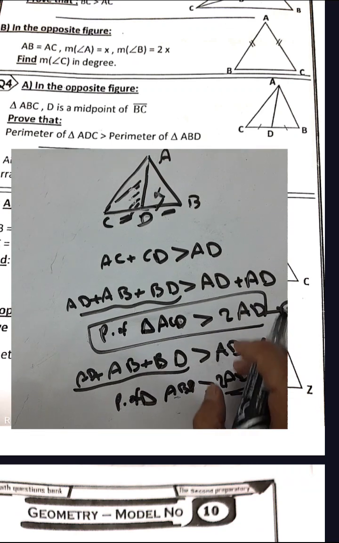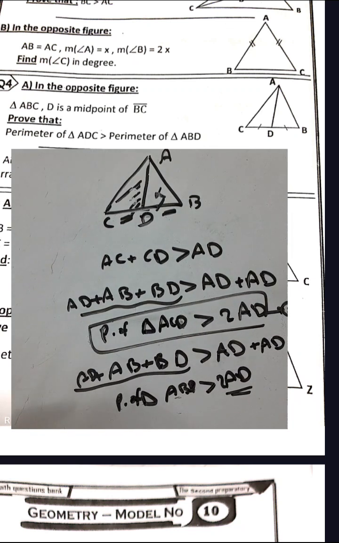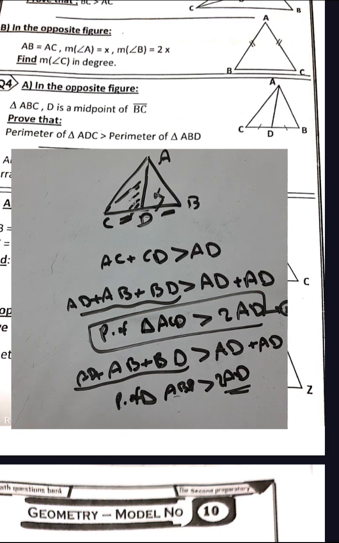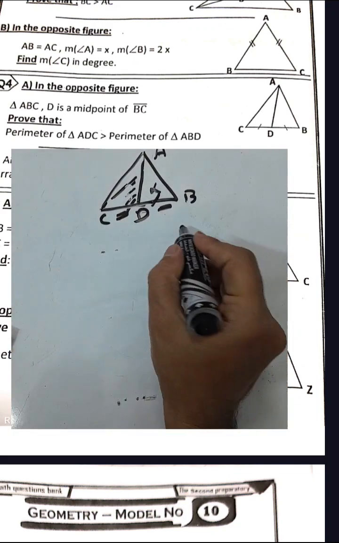We have two relations here, D in the middle, the midpoint. Then you can find in the relation about this example the perimeter of triangle ADC. We want to put greater than the perimeter of ABD. Okay, we can write this sign here.